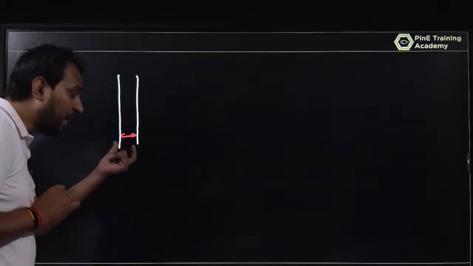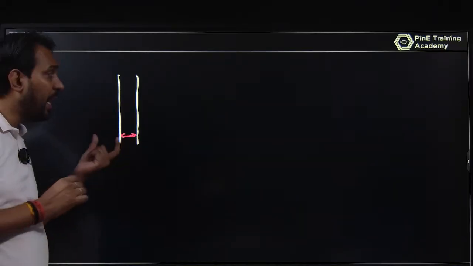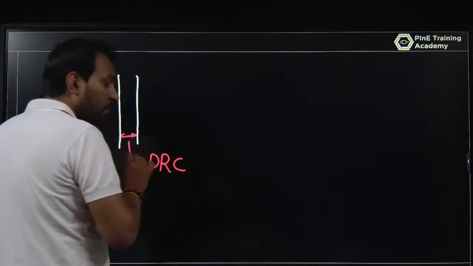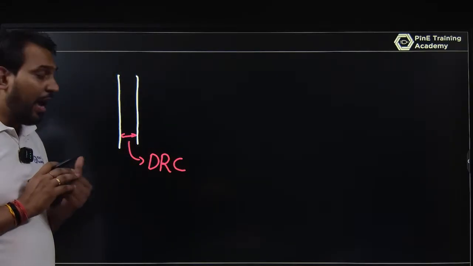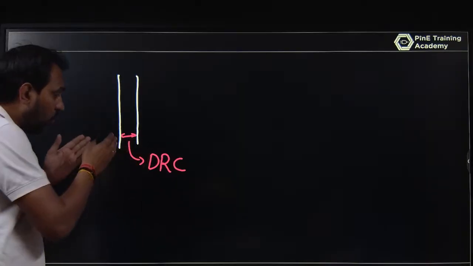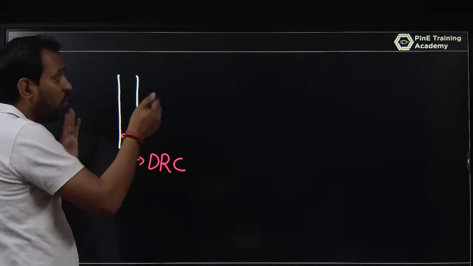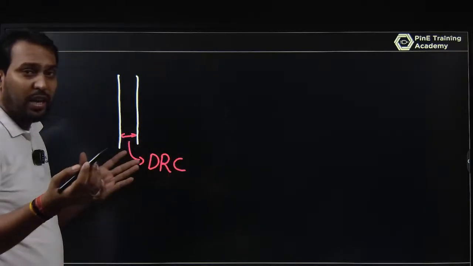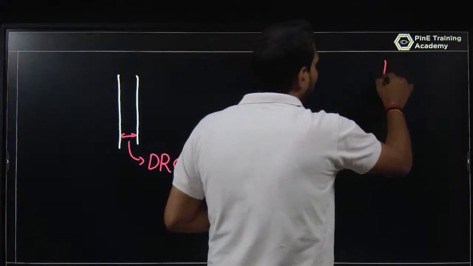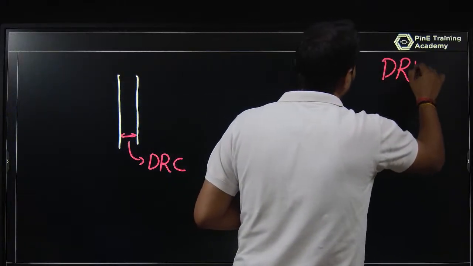The minimum spacing available here is decided by the design rule check, DRC. Every tech node provides this DRC. For any tech node, you can search for the DRM, the design rule manual.